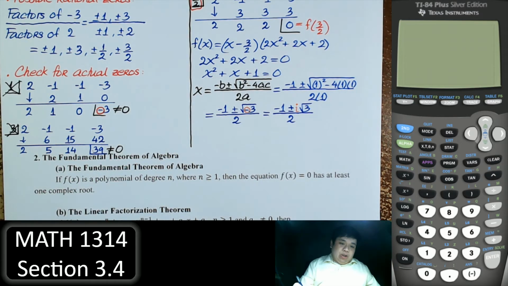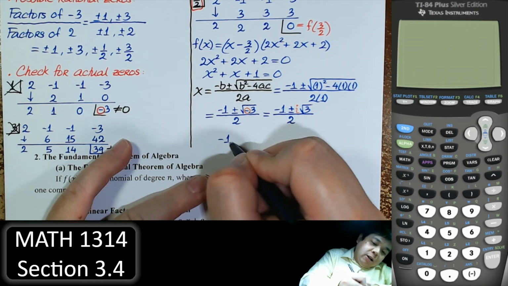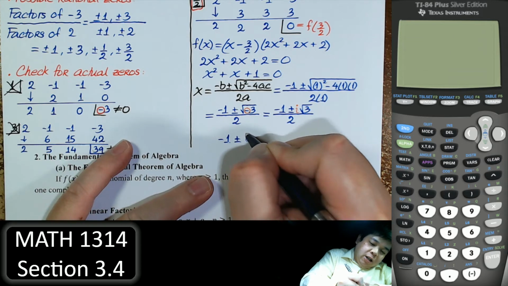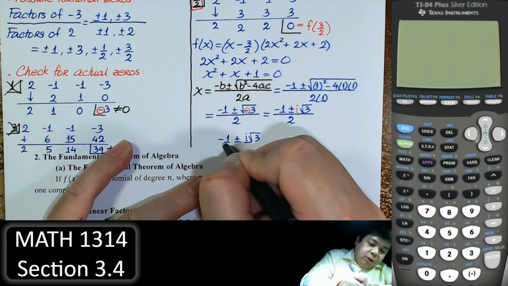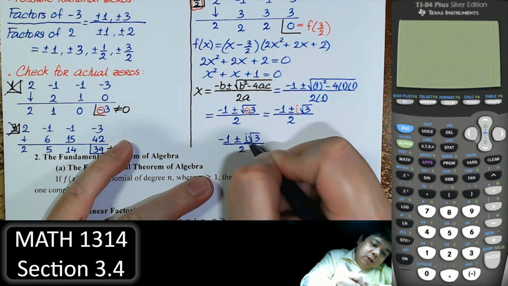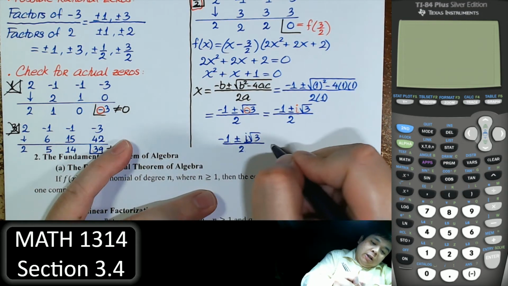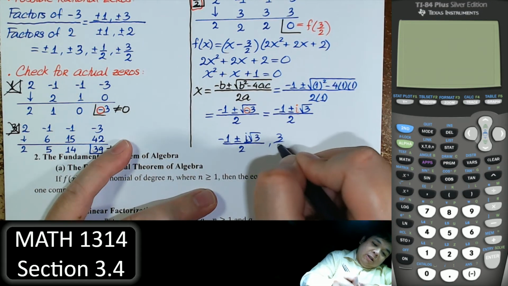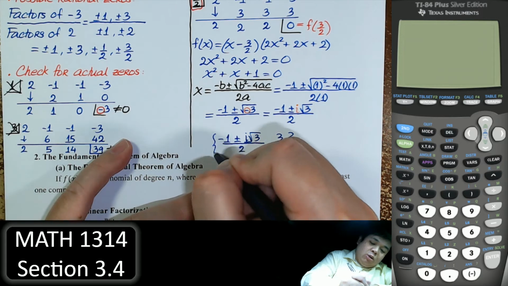So the solutions are negative 1 plus or minus i square root of 3 over 2, and then 3/2. So those are the solution set.